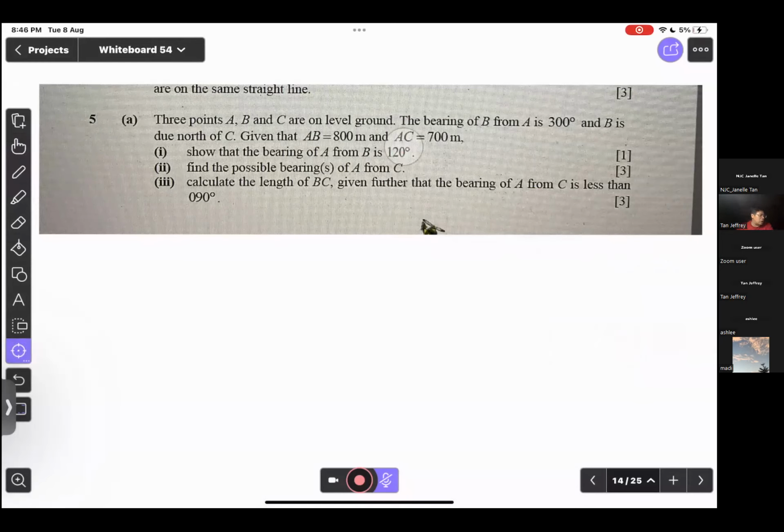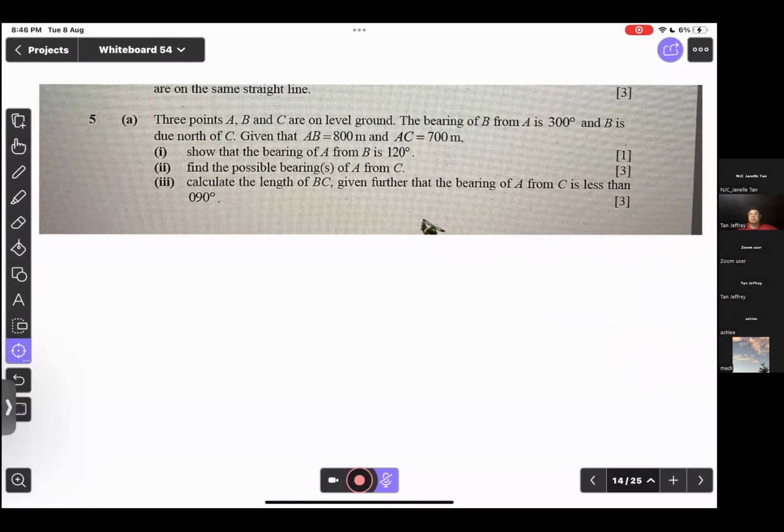So this one, ABC are on level ground. The bearing of B from A is 300. Part A part 2. Am I right to say you only got one answer?